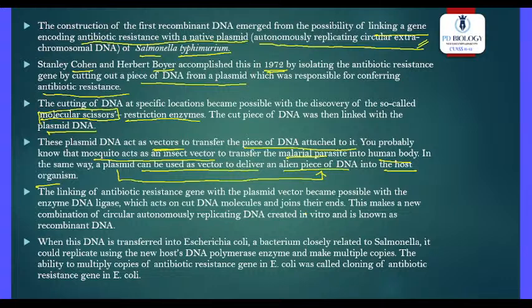The linking of the antibiotic resistance gene with the plasmid vector became possible with another enzyme, you know this one, DNA ligase, the molecular glue, which joins the DNA ends. This makes a new combination of circular, autonomously replicating DNA created in vitro, known as rDNA or recombinant DNA.